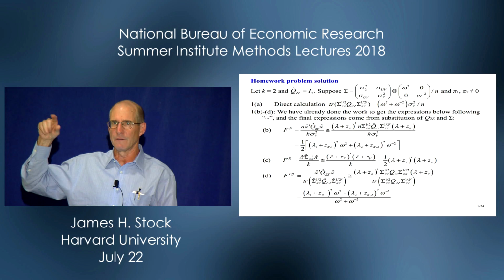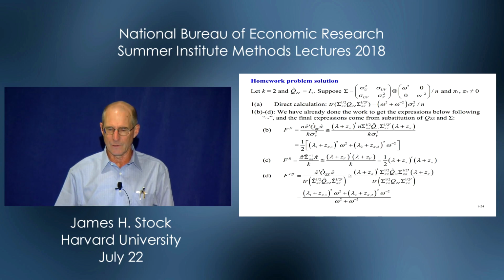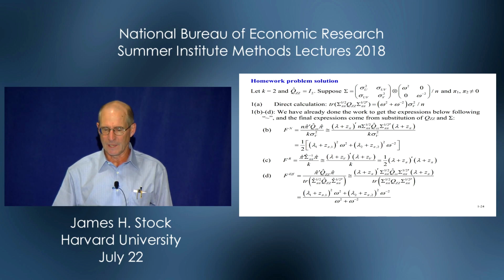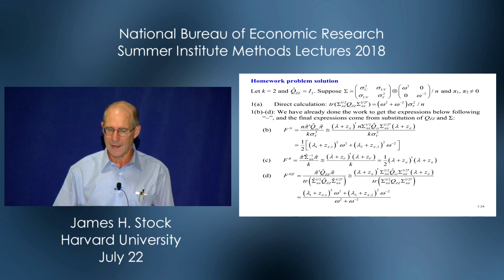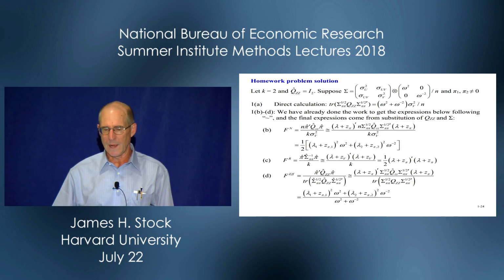This is the key thing. Remember, in two-stage least squares, q hat is there in the middle, and then I've got the same thing on the other side, and I'm dividing through by that, and then I can just take these various limits. This is because q hat, the instruments are orthonormal in this particular example. Then you can just plug everything in, and then you just get this expression.